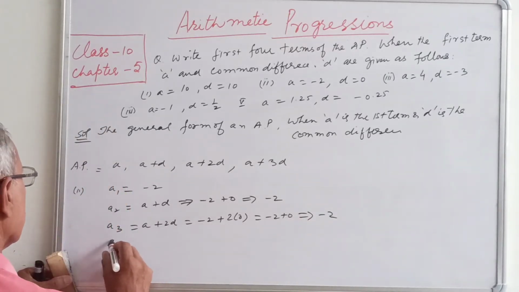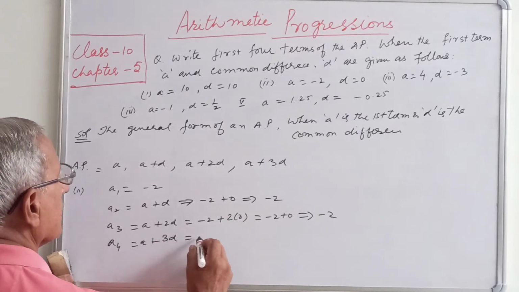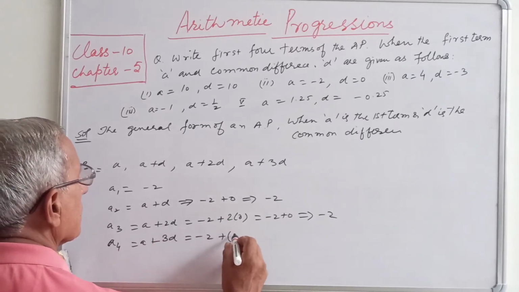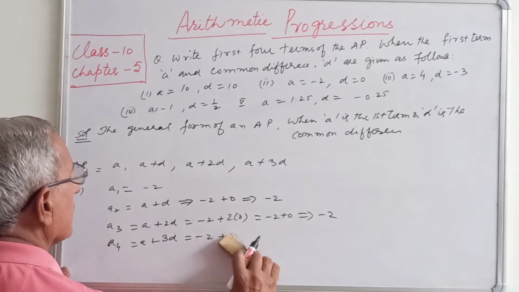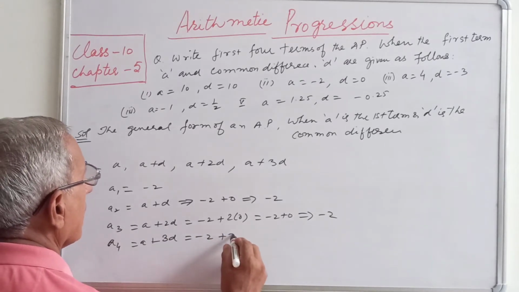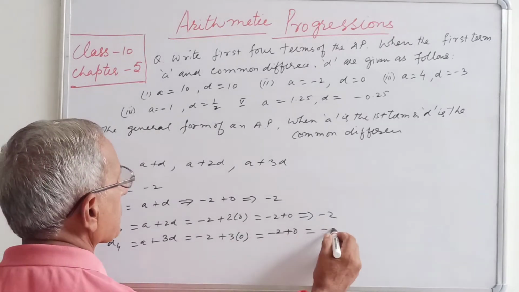A4, A plus 3D, minus 2 plus 3 into 0, minus 2 plus 0, again minus 2.